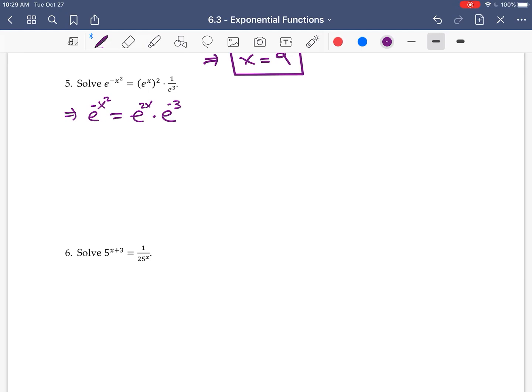Because I have multiplication with the same base, I can add those exponents. So e to the negative x squared is equal to e to the 2x minus 3. And now they have the same base.